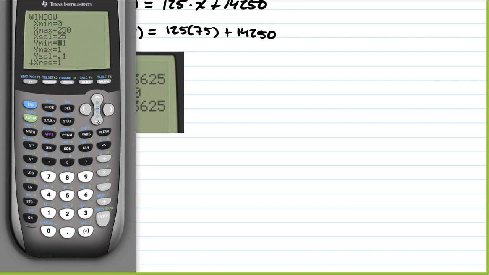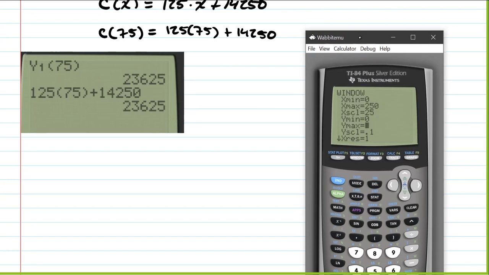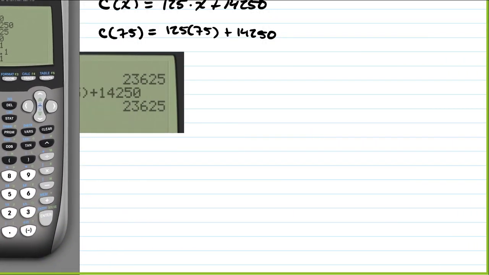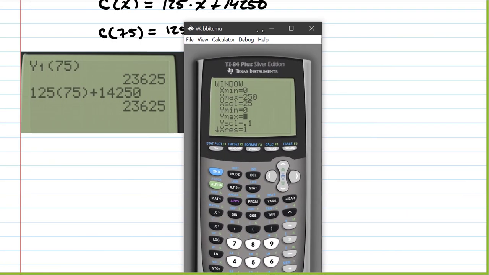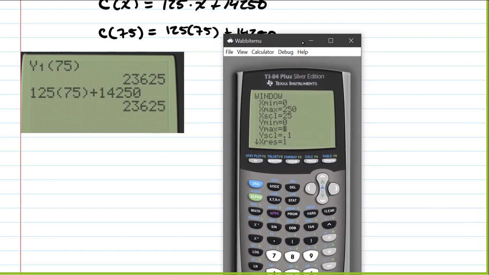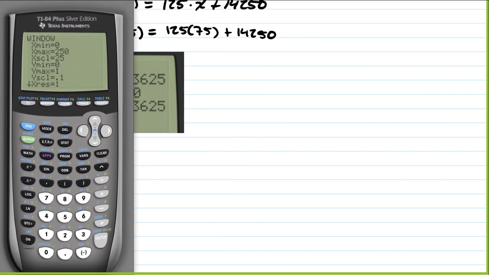For our y min, let's do 0. For our y max, we can use what we estimated here, 23,625. We're probably going to want it to be bigger than that. So let's go all the way up to about 100,000, and we'll see how that works. That's 10,000, 100,000. And let's change our y scale to, say, 5,000.